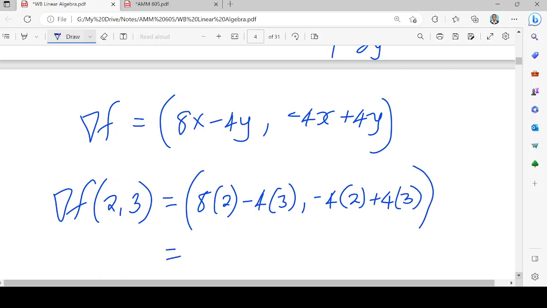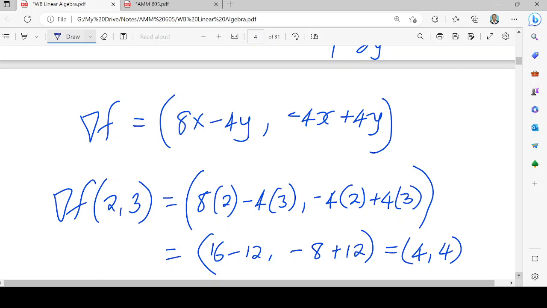This will be 16 minus 12, comma, −8 plus 12, which is (4, 4). That is the value of the gradient at the point x_0 = 2, y_0 = 3.